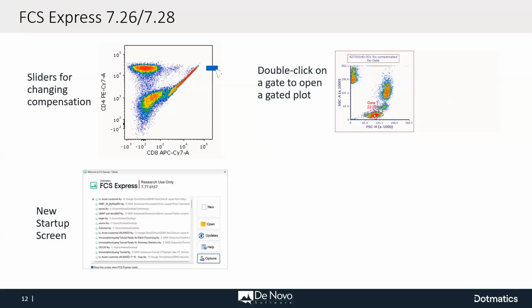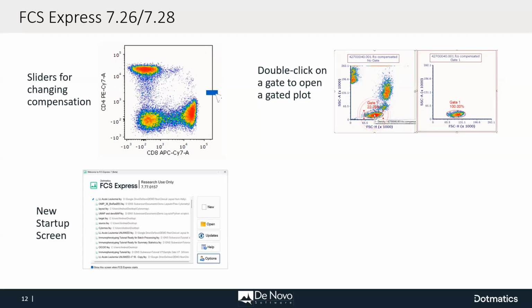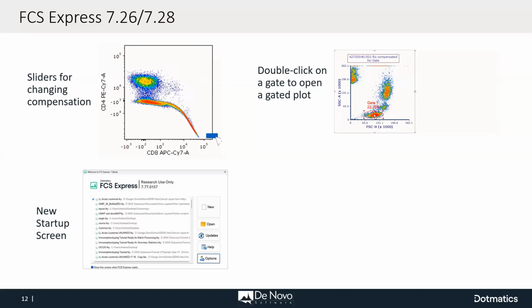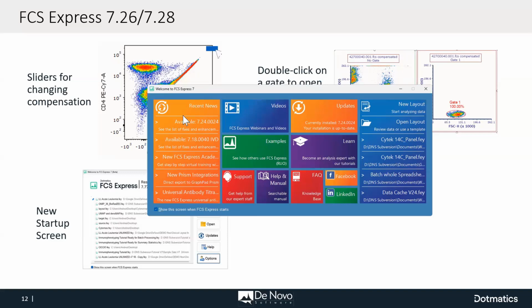Then we are revamping the welcome screen. This is just a very preliminary preview, but the idea is to make it simpler. The welcome screen nowadays is this one. You see recent news, a lot of colorful buttons, new layout, open layout, and then the list of the most recent 4 layouts.